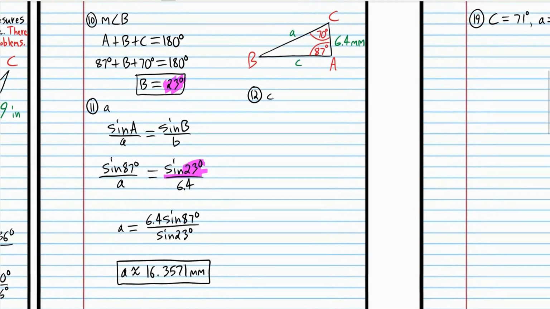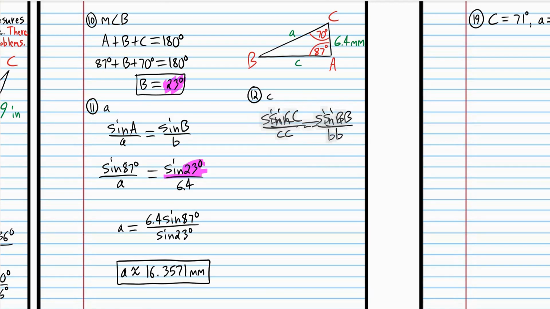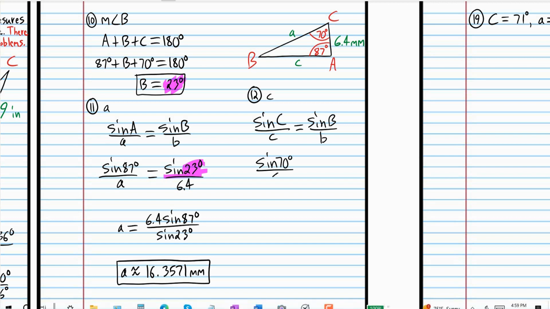So now we can find the length of side C. Obviously we're going to use sine C over C, and sine B over B. So we know the measure of angle C is 70 degrees. We don't know side C, that's what we're looking for.